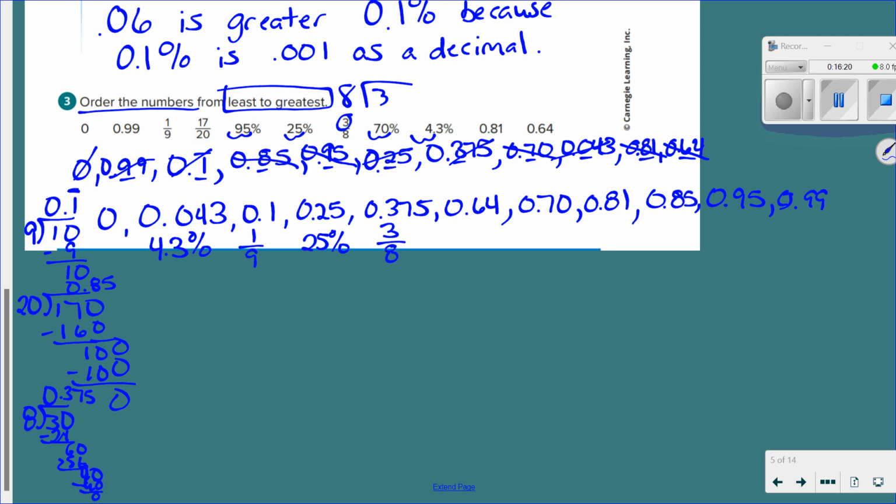That one's the same. 70%. That one's the same. 85, 17/20. 95%. And that one's the same. So that is how they should be in order from least to greatest. Make sense?